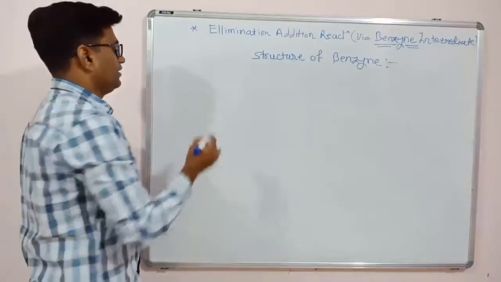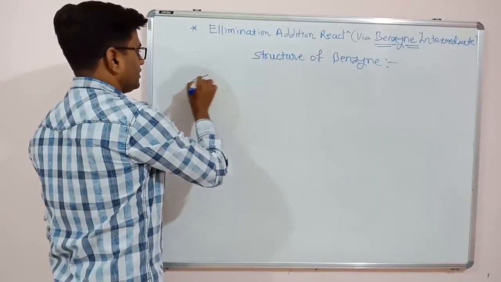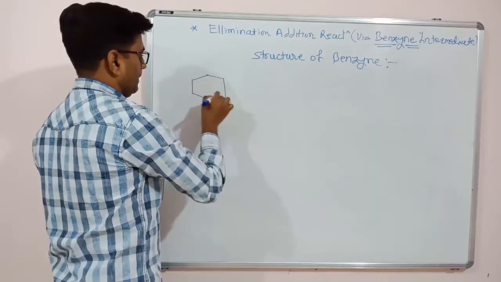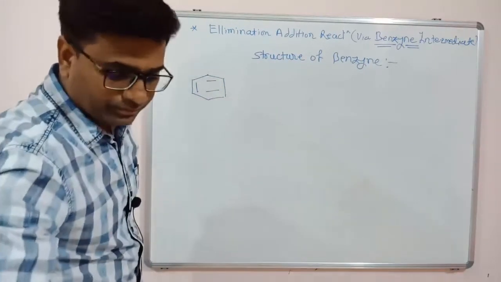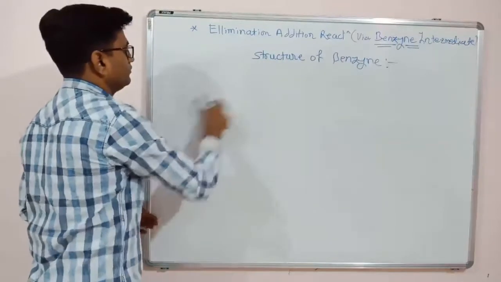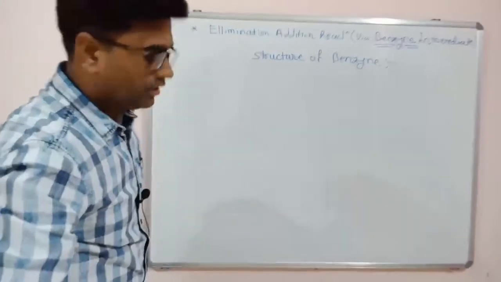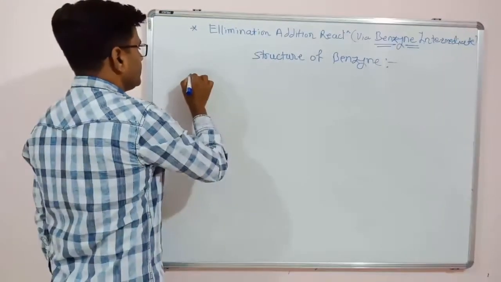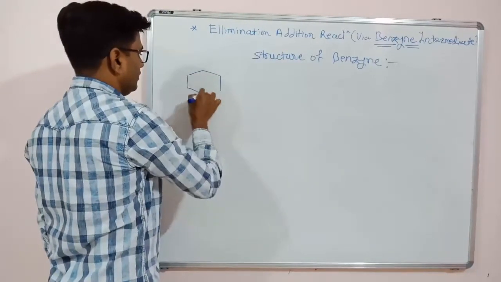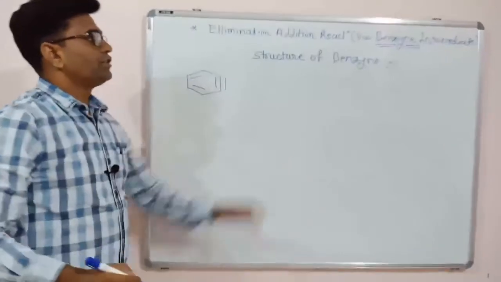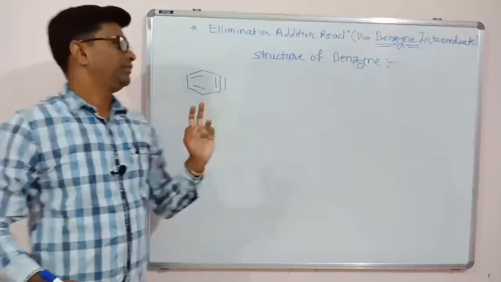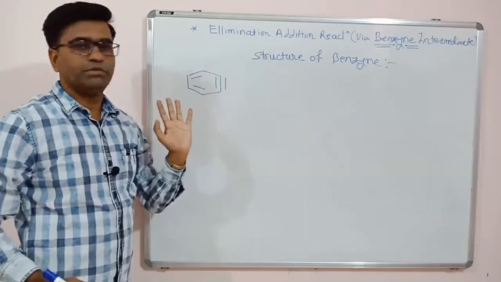Structure of benzyne. For example, this is our benzyne. So here is the triple bond. So benzyne means benzene containing a triple bond.